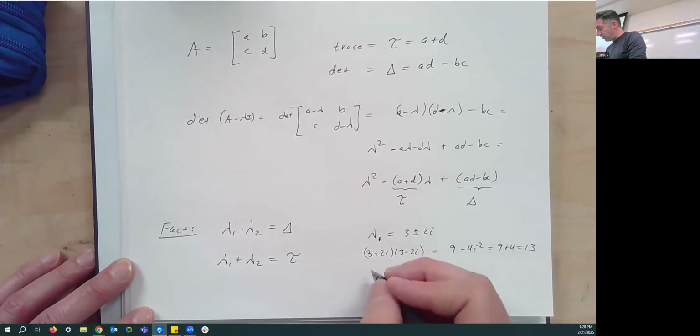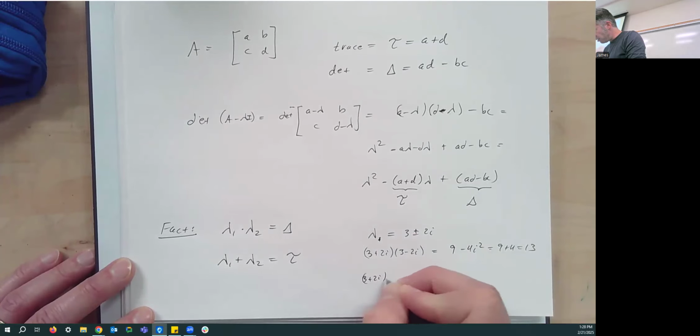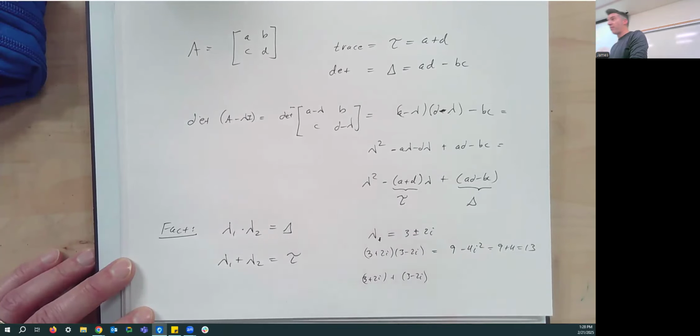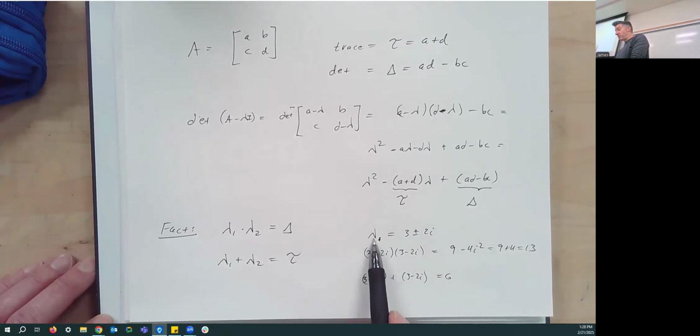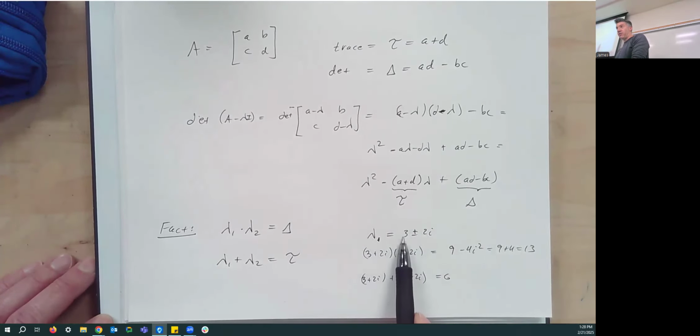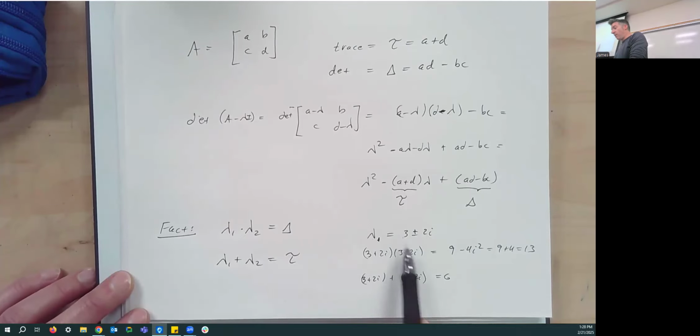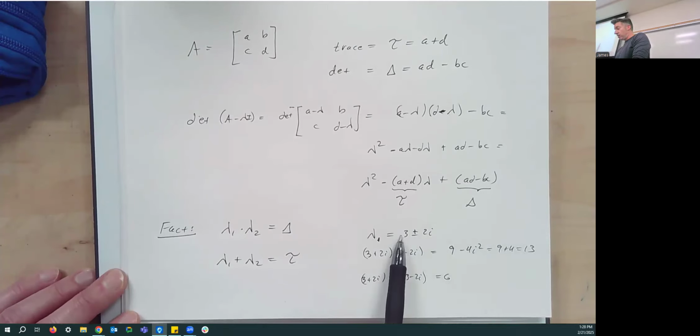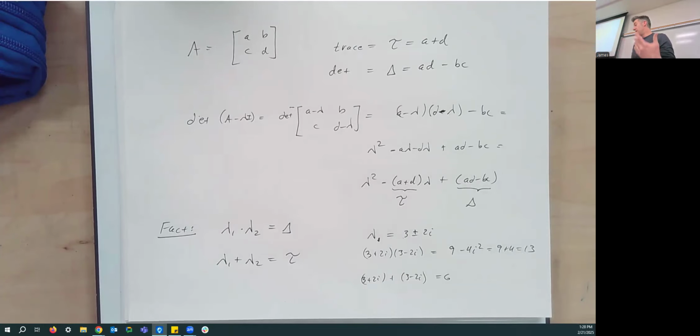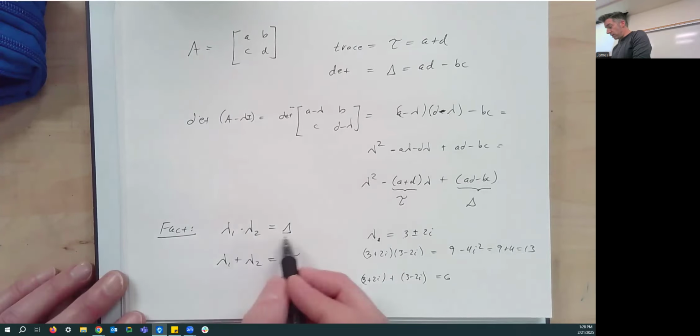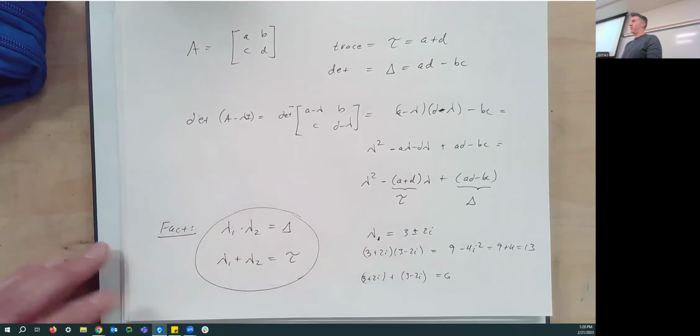If you add them together, the imaginary parts cancel out and you get 6. So if your eigenvalues are complex with a positive real part, you still get a positive trace and a positive determinant. If that was a -3 instead of a +3, you'd still get a positive determinant, but now your trace would be -6. So everything corresponds as it should. It's kind of neat that this is actually totally true. I think that's one of the neatest things about it.